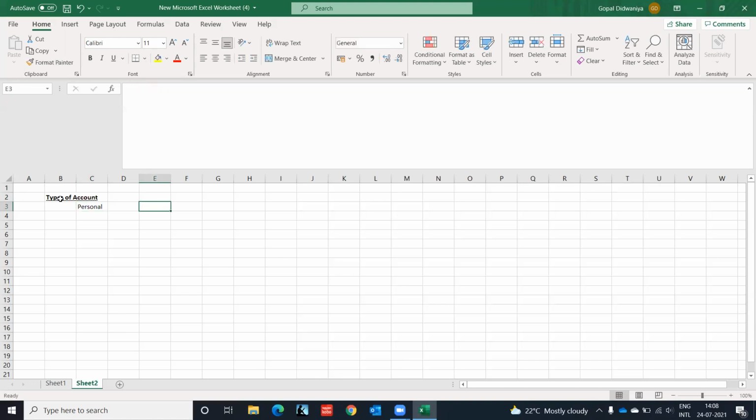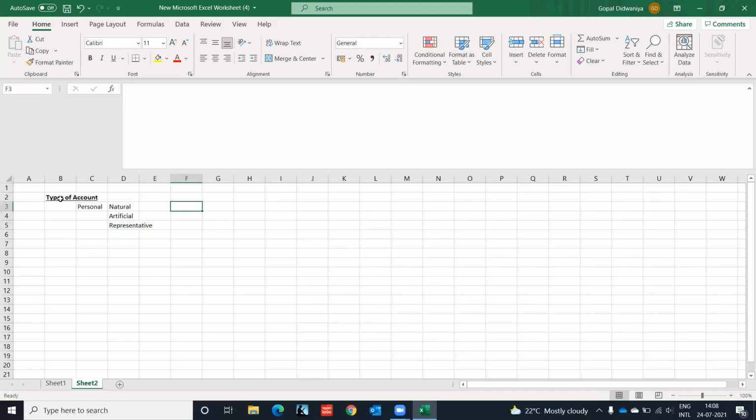Personal accounts have three types: natural, artificial, and one more is representative. These three accounts are there.